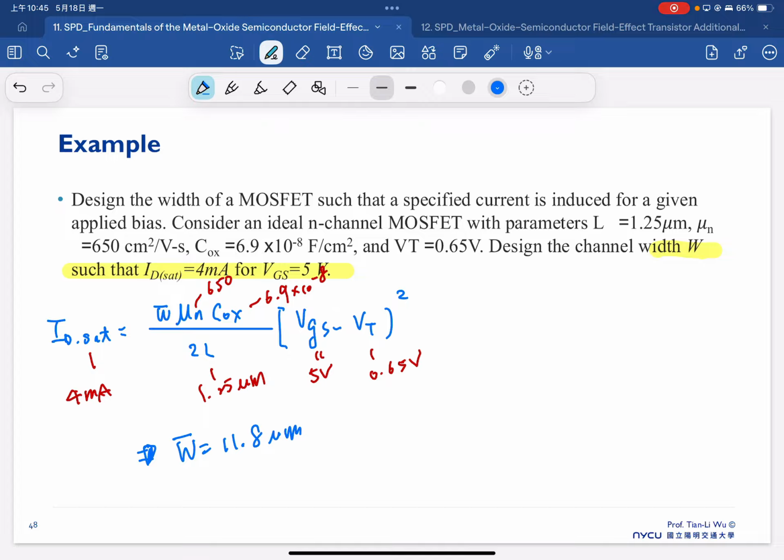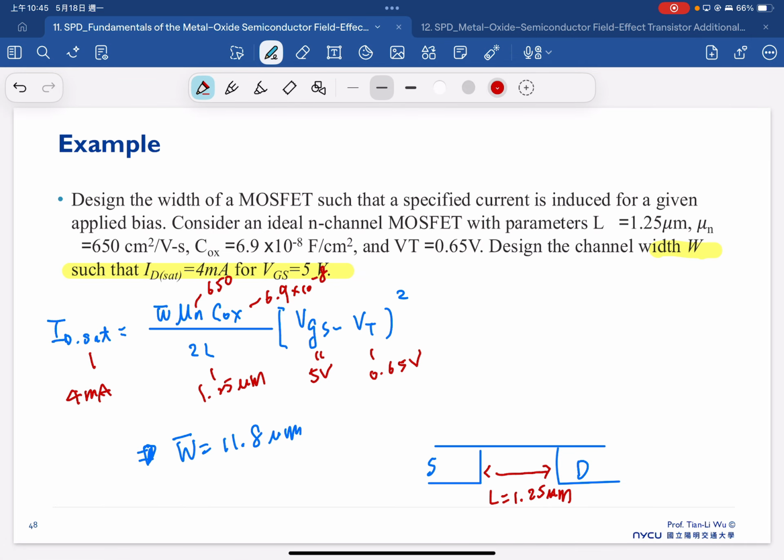So in the end, this question becomes a very useful design question, because this is the real design question that will be faced day to day, because we will always want to design the transistor that fits our spec. So although it's simple, we have a source and drain, we have a channel length of 1.25 micrometer.